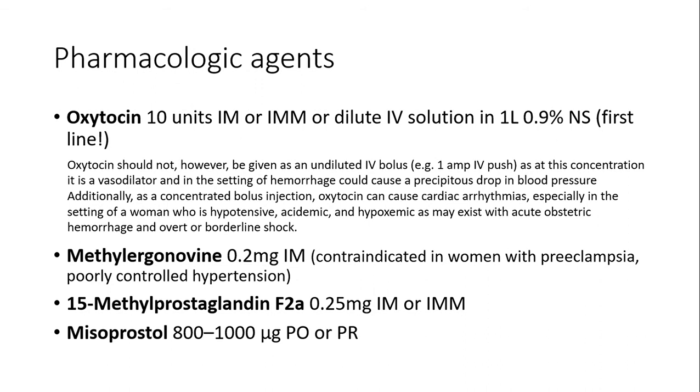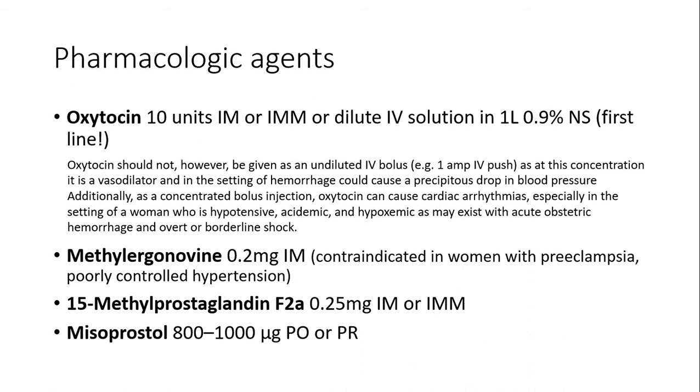Some pharmacological preparations can be used as well for atony of the uterus, the first being oxytocin, which is available in every maternity hospital for augmenting labor, for contractions, and for postpartum hemorrhage as well.